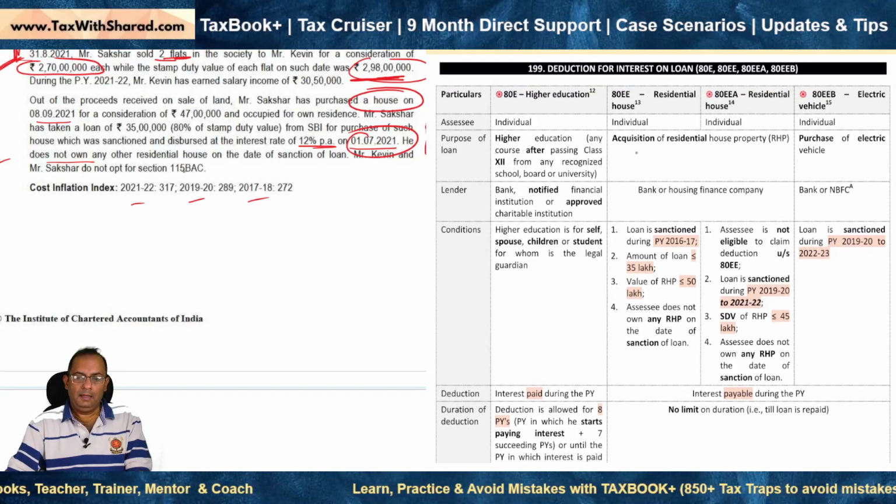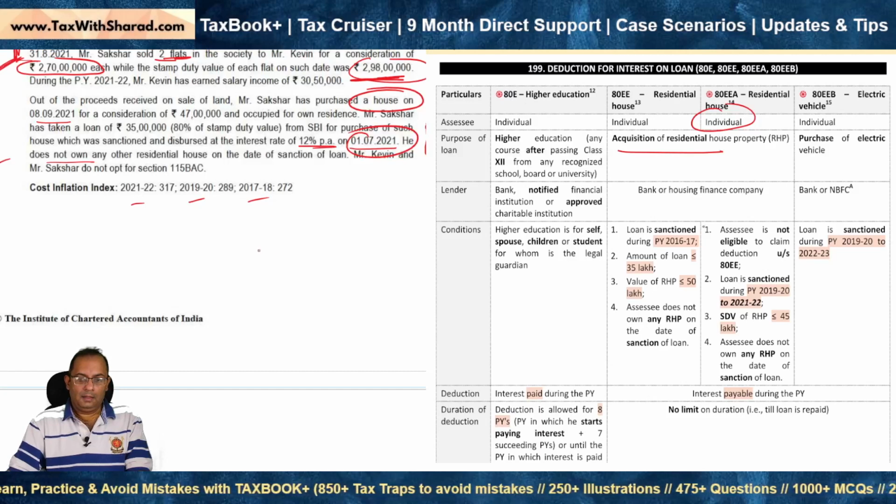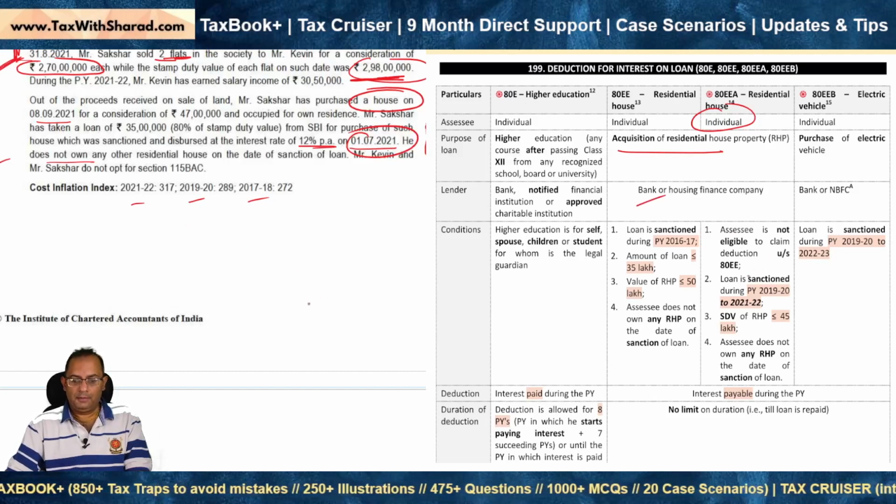80EEA is available to an individual on acquisition of residential house property if the loan is taken from a bank, and the conditions are, this is basically not that much of relevance. So number two, loan is sanctioned during this period. In our case, it's previous year 21-22. This is satisfied.